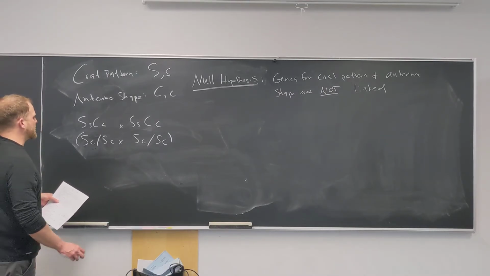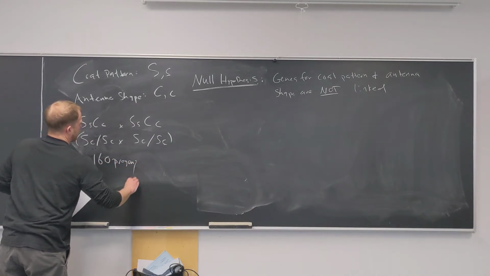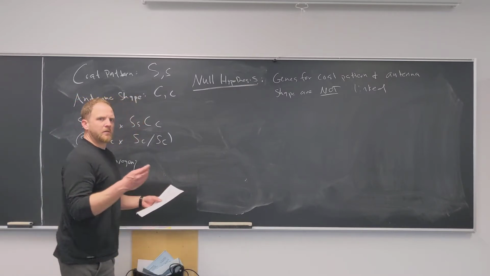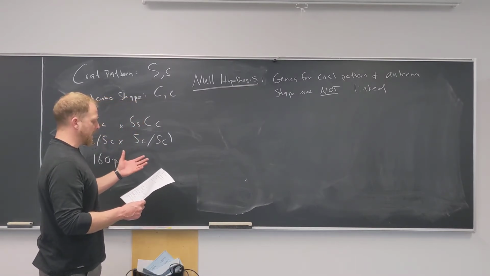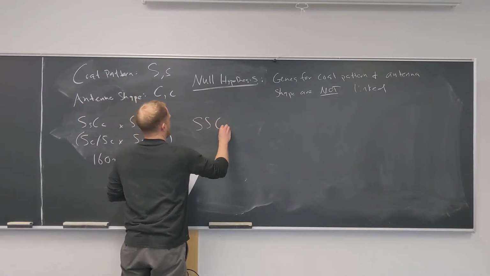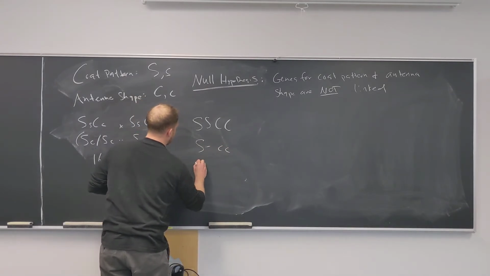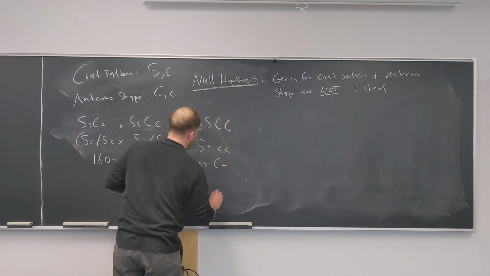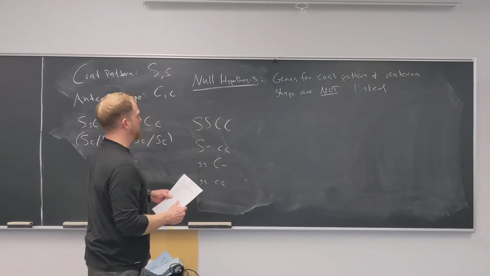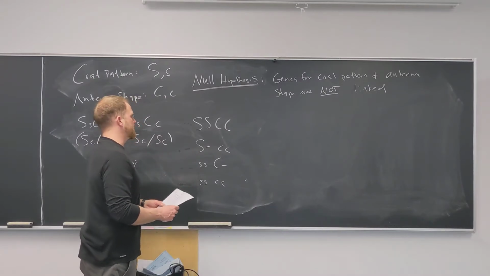Okay, we did this cross and we had a total of 160 progeny. We had four expected phenotype classes: both dominant phenotypes, one dominant phenotype, the other dominant phenotype, and both recessive phenotypes.